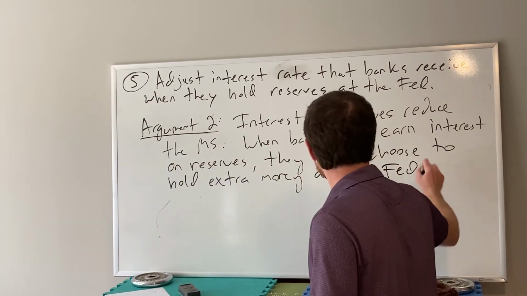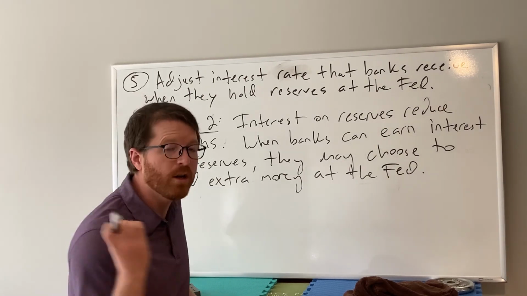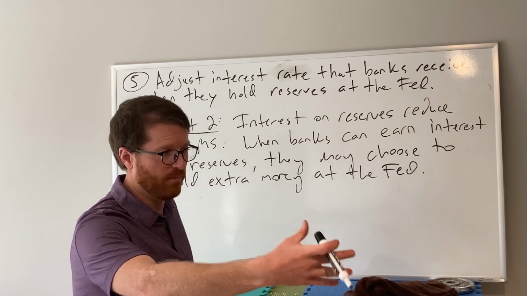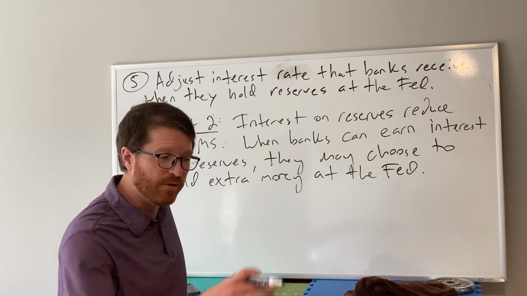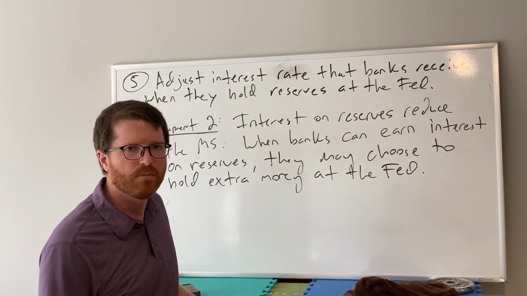In other words, banks may decide to take some of their money that they would have lent to the housing market, right? They would have lent to the auto industry, or they would have lent to new business. Instead of lending that money out into the economy, they just hold it over at the Fed, okay?